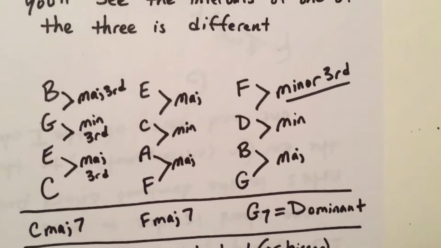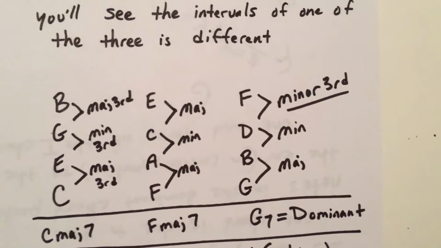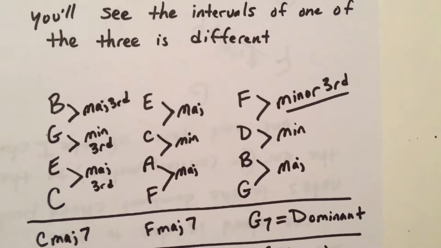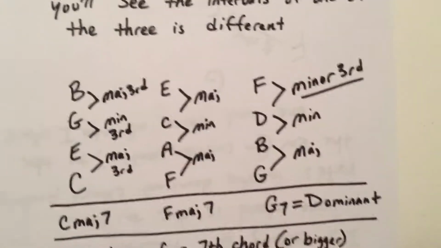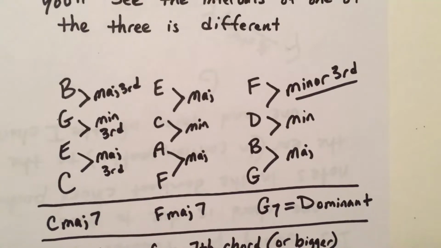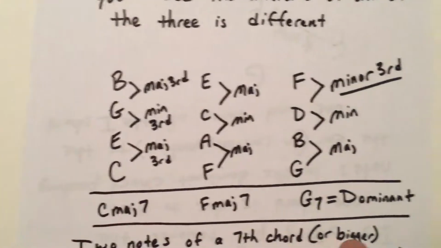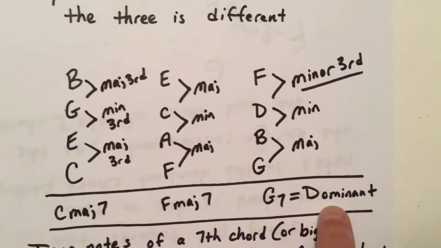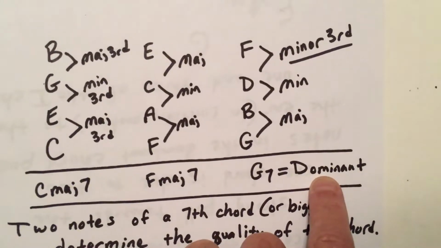We have a major third and a minor third like before, but then we end up with a minor third on top instead of the major third. That's the only chord that's like that in the series of the chords. The 5 chord, in this case, would be G7. We call a 7 chord a dominant chord.